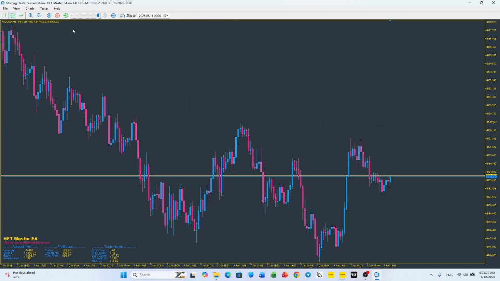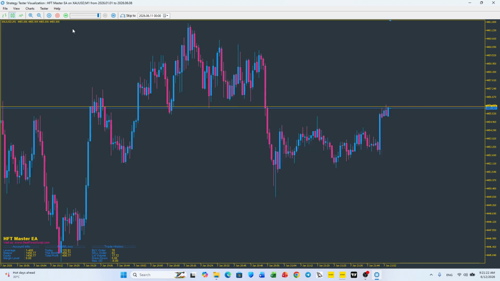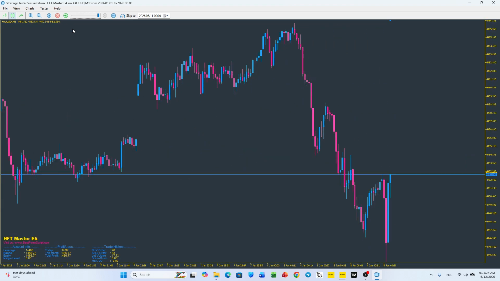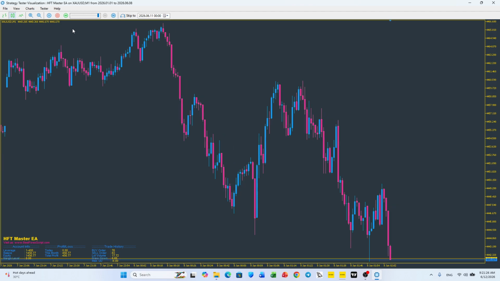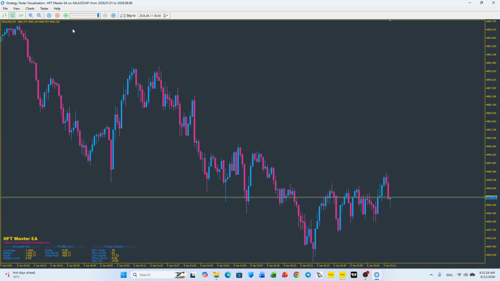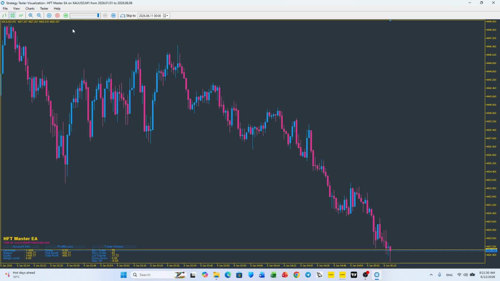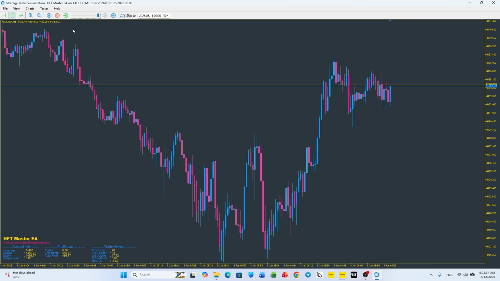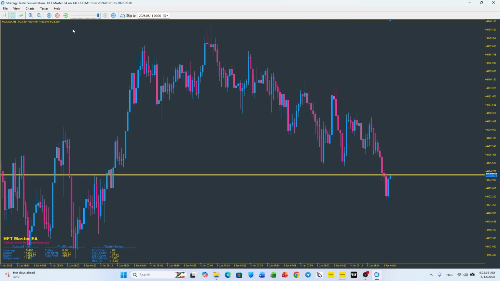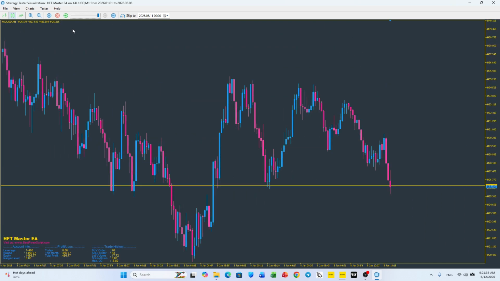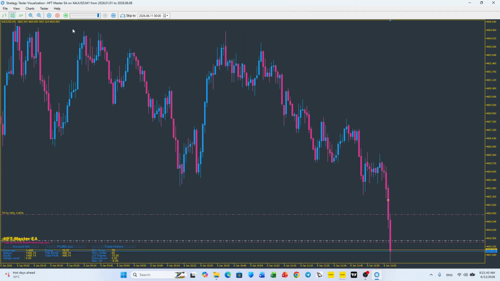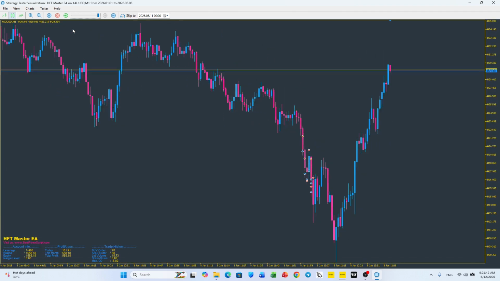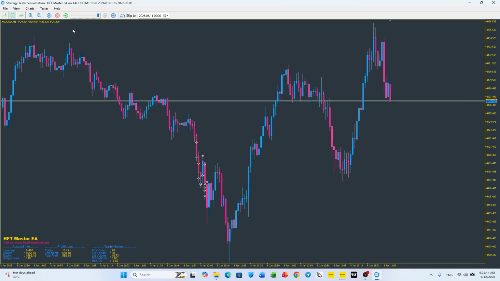So that's why I'm testing this EA on the New York session. Actually, you can use this EA on any instrument, not only gold. But because there is big volume in gold and a lot of people trade gold, this EA seems to work well with gold.